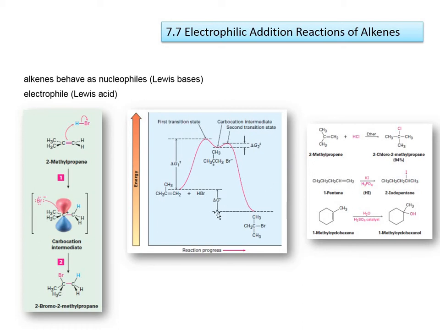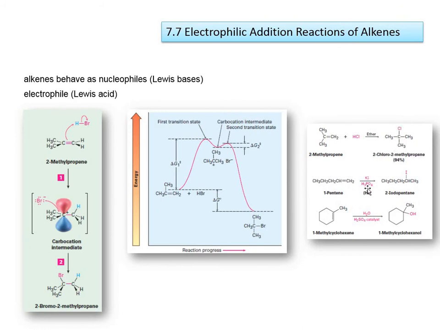Similarly, instead of HBr, HCl can also be added, so we are going to generate a similar product. Instead of Br, here we get Cl, 2-chloro-2-methylpropane.